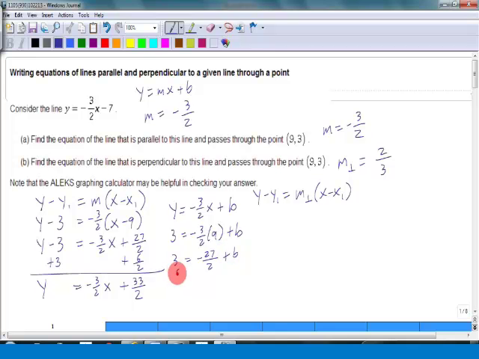On the left, at that point I should have called that 3 as 6/2, and then when I add 27/2 to both sides, I get 33/2 equals b. So final answer, y equals negative 3/2 x plus 33/2.